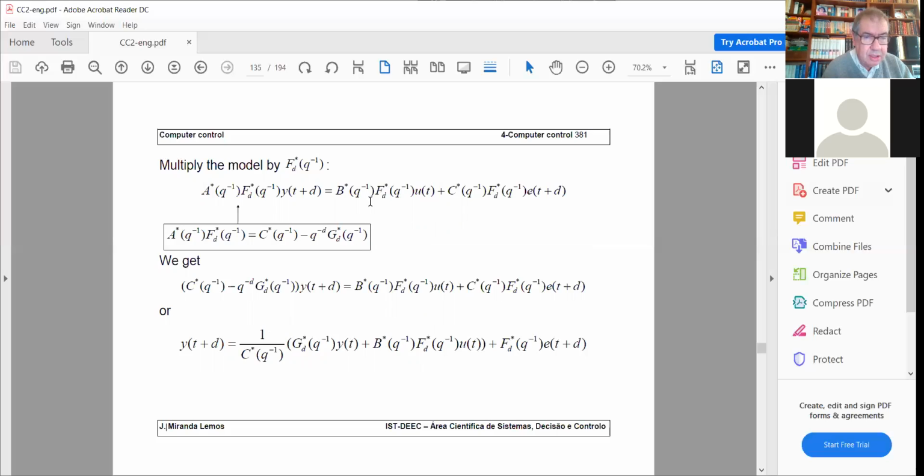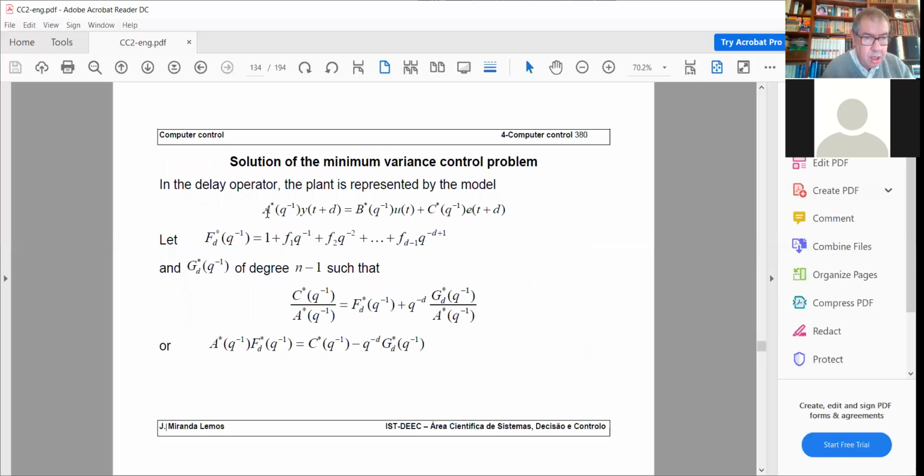That's because when I multiply everything by q^-d to get the delay, or q^-the degree of A to get the backward representation, this one that you see here, you have already the delay, okay, u(t) and y(t+d) appear, that's the effect of the delay, the plant delay.